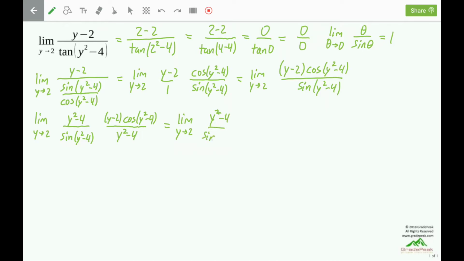So we have y squared minus 4 over the sine of y squared minus 4 times y minus 2 cosine of y squared minus 4 divided by, and then we will difference of squares factor. This will factor into a y plus 2 and a y minus 2, and it's the y minus 2 factors that are making the 0 over 0, and they can now cancel.